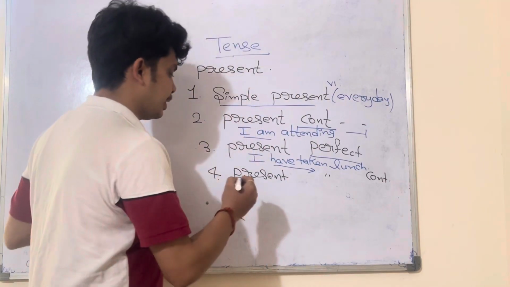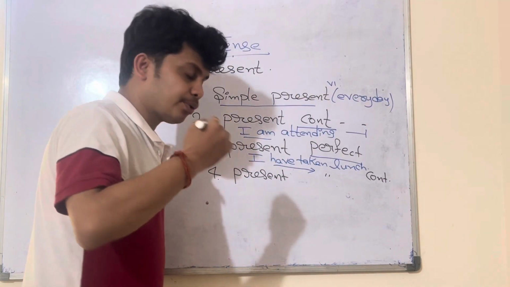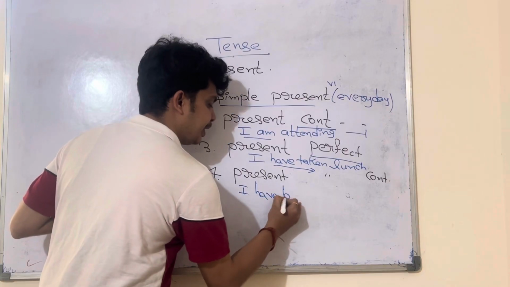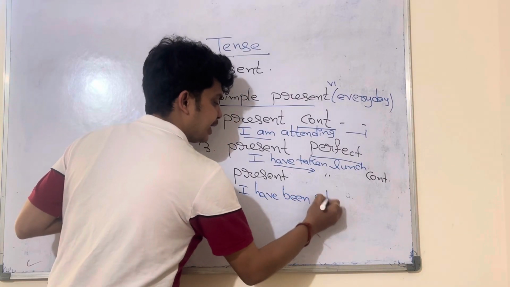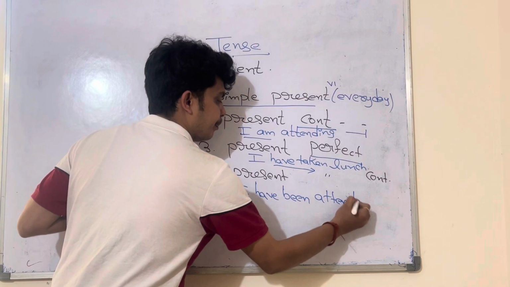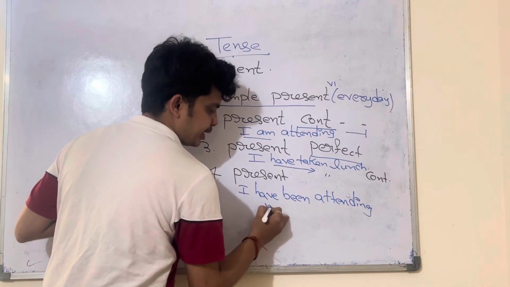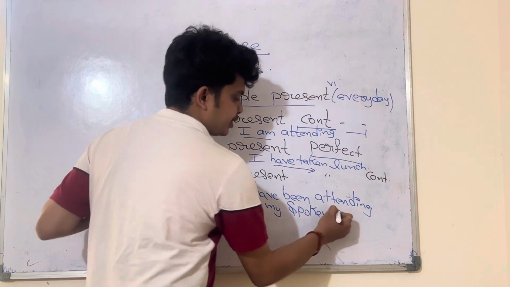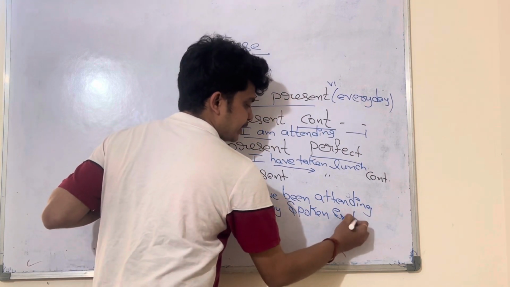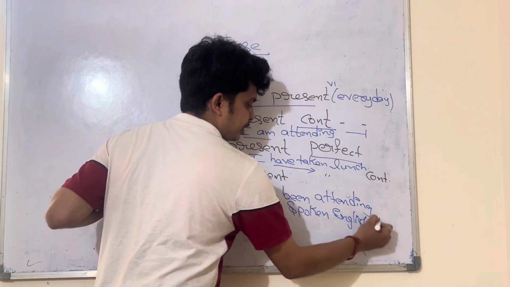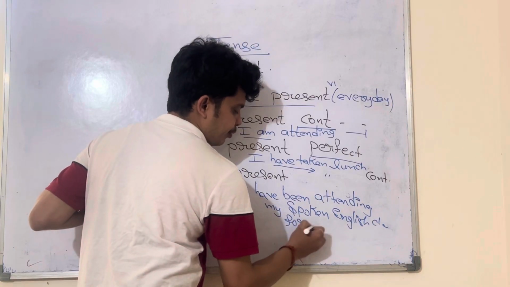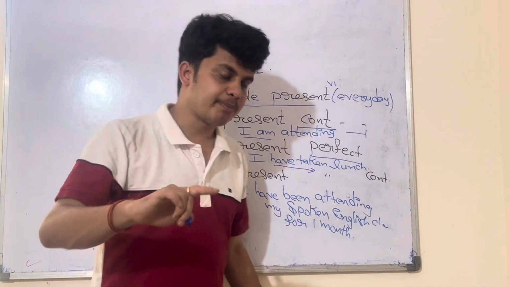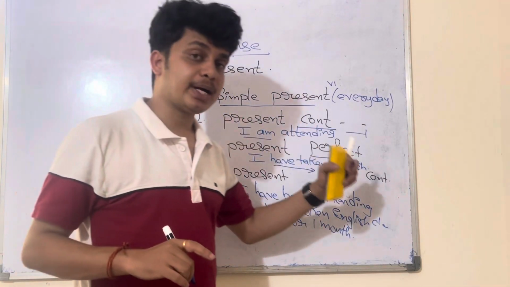So you can say after 1 month again you are going to attend. So you can even say I have been attending my spoken English class for 1 month. What does it mean? It means I completed 1 month, and even after 1 month I am attending.